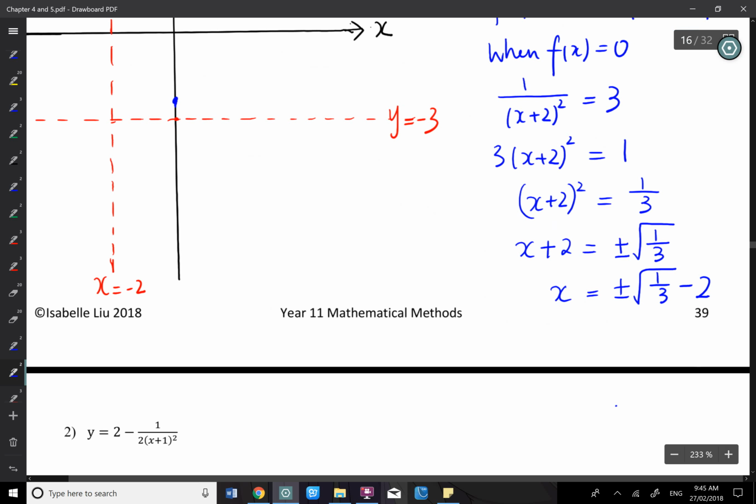And I need to rationalize that. That is plus minus root 3 over 3 minus 2.